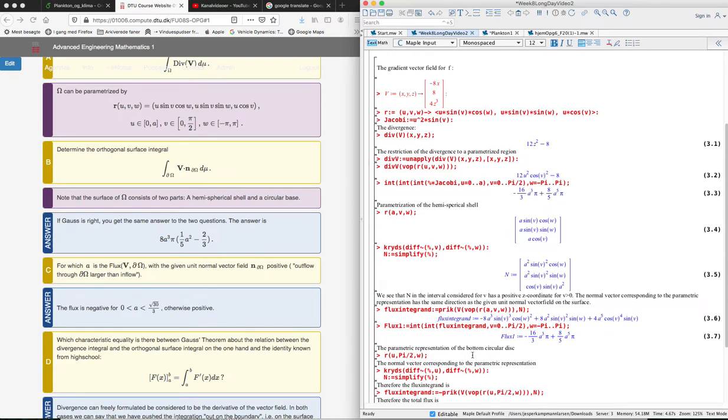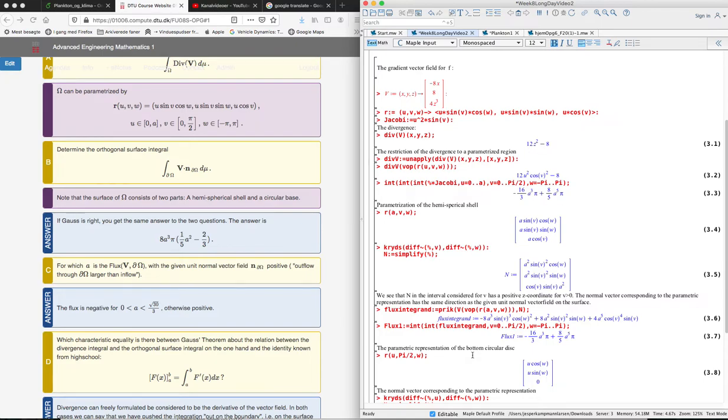But let's compute the flux through the circular disk at the bottom of the hemisphere. So I'll make a parametric representation of this.